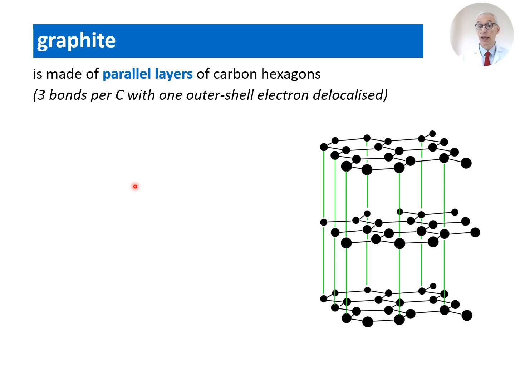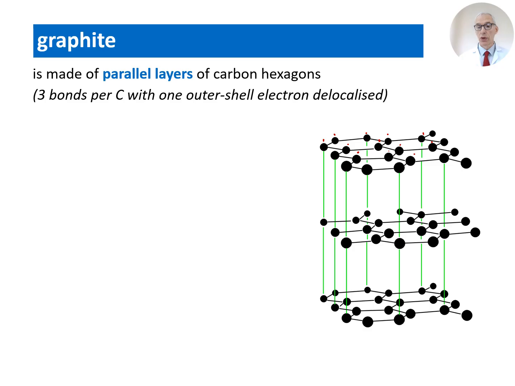So that means that there is one outer shell electron that is unbonded. So each carbon, if I show this as a dot, has one electron that is not involved in forming a covalent bond. If you recall, there are 4 electrons in the outer shell of carbon. If carbon only forms 3 covalent bonds, 1, 2, 3, then there is 1 unbonded electron on each carbon.